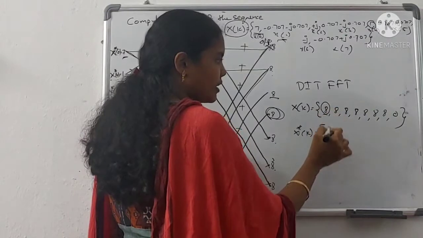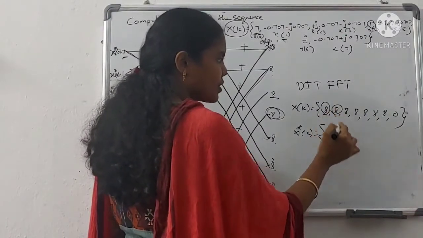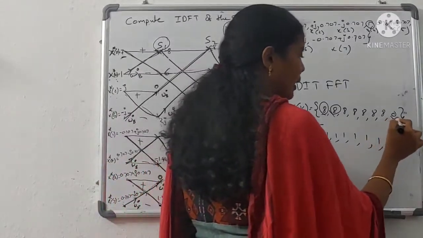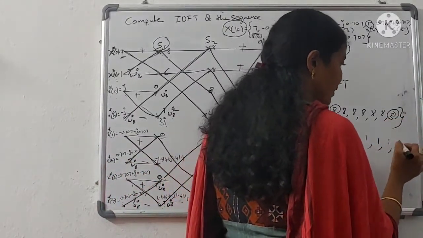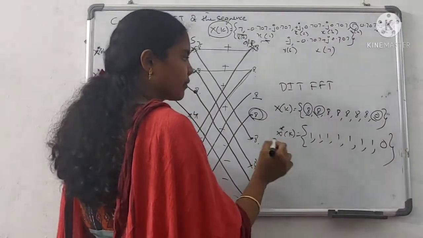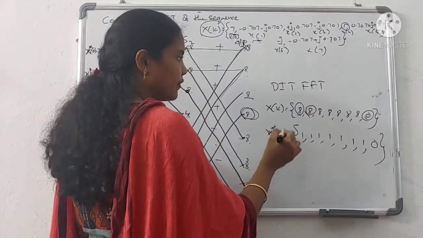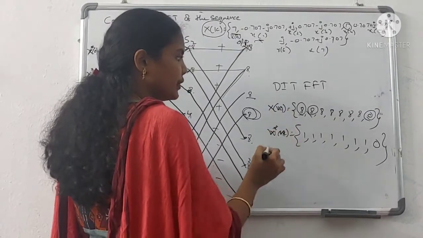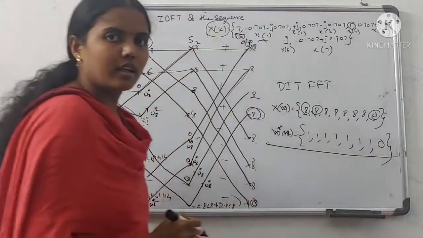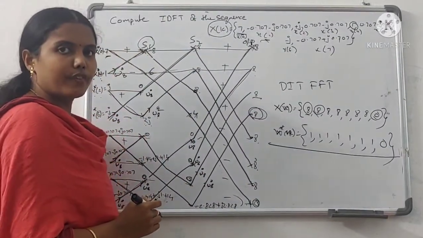Bit reversal of 8 is what? 1. Bit reversal of 8 is 1. 1, 1, 1, 1, 1. And bit reversal of 0 is 0. Okay. So this is an inverse Fourier transform, inverse discrete Fourier transform.